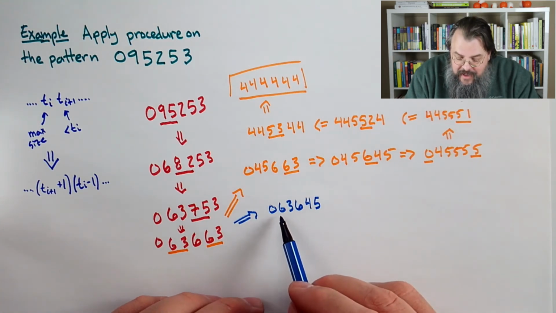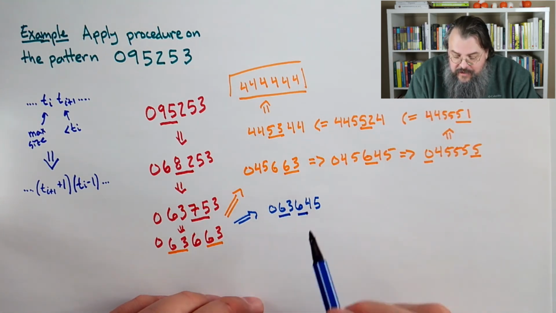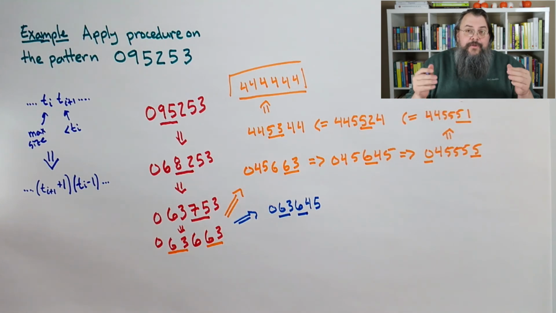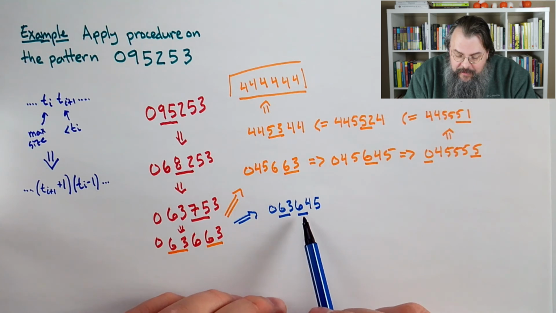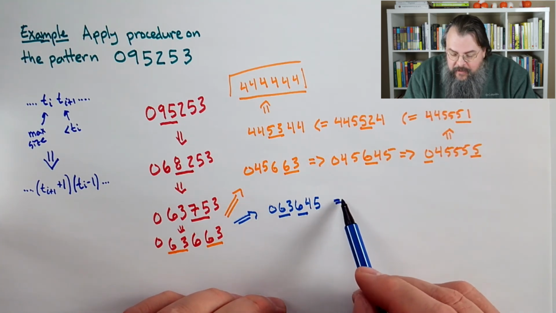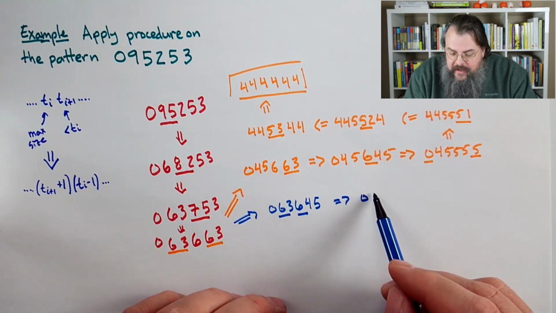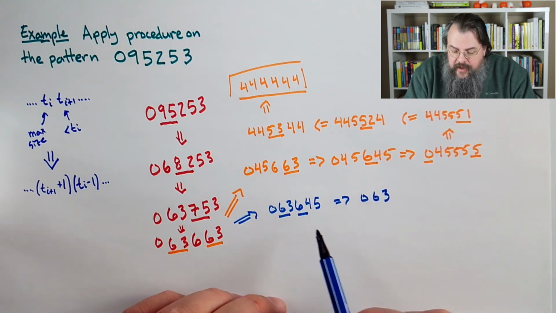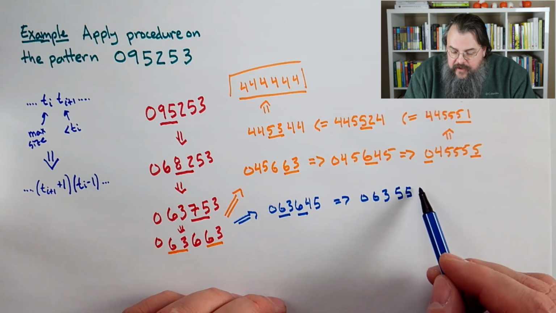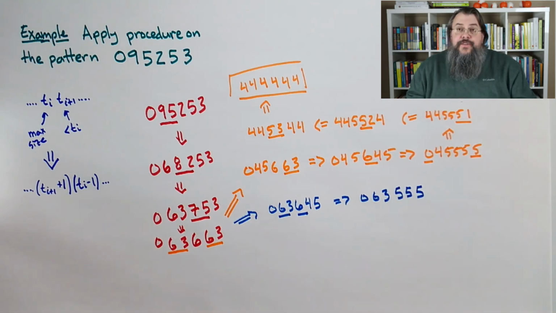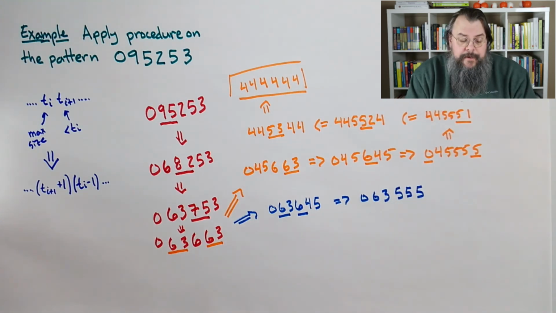And we see, hey, there's 2 candidates. So, we can pick one, right? Let's suppose we pick the second one. If we did that, 0, 6, 3, then the 6, 4 would go to 5, 5, and then we have 0, 6, 3, 5, 5, 5.